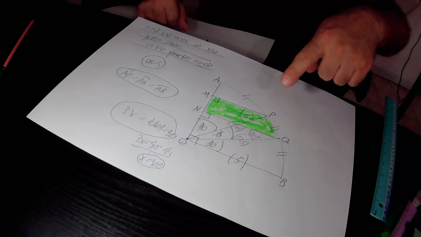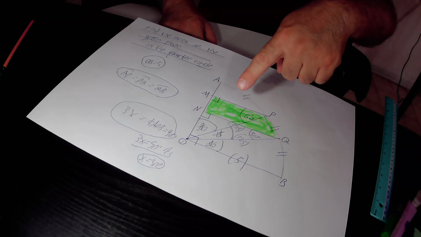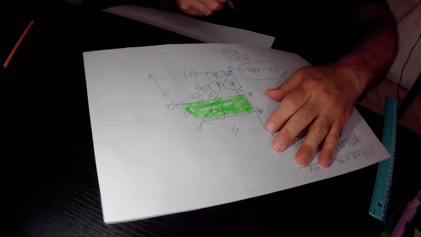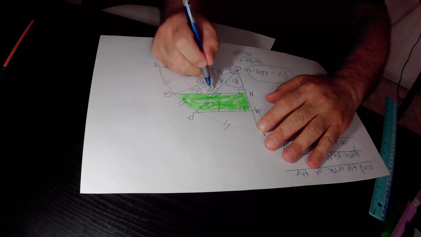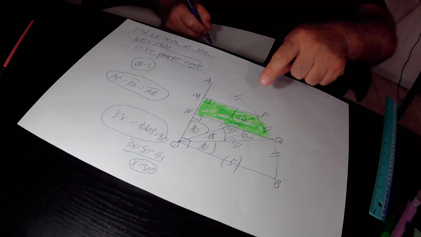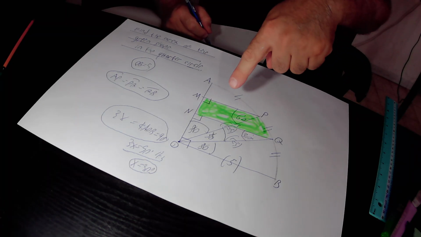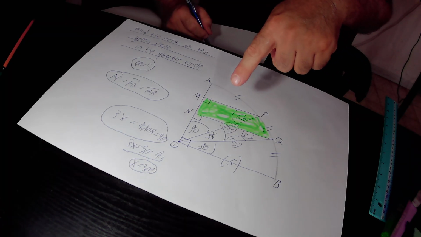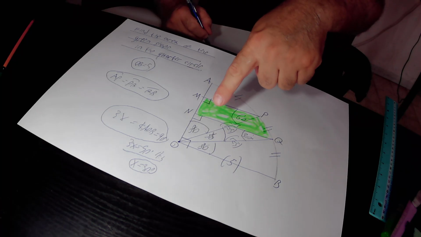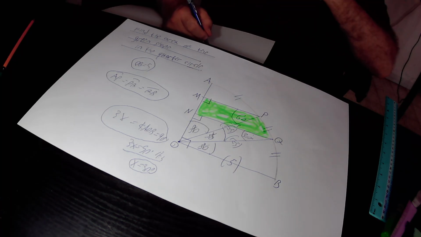For the other side MN, we define this point S. So right triangle MOP consists of this green quadrilateral MNSP, and it will also consist of this right triangle NOS.